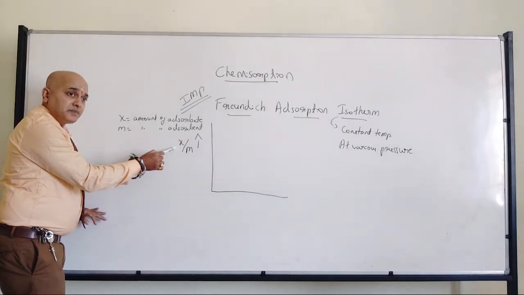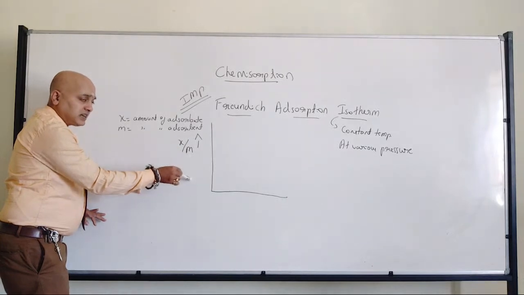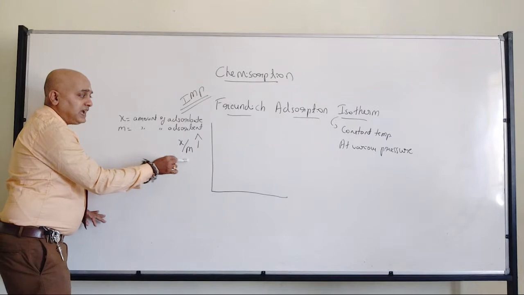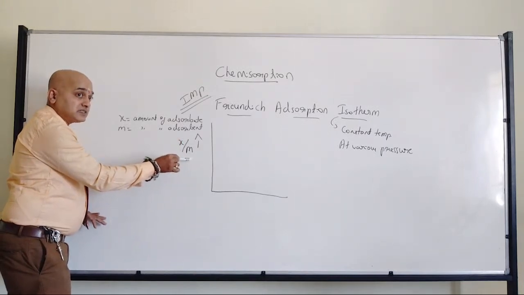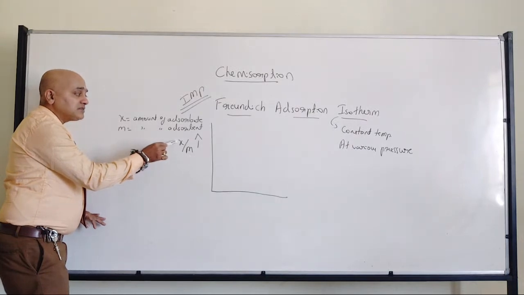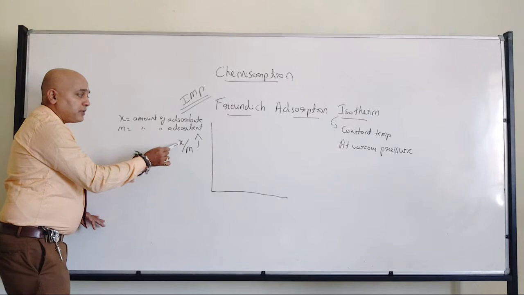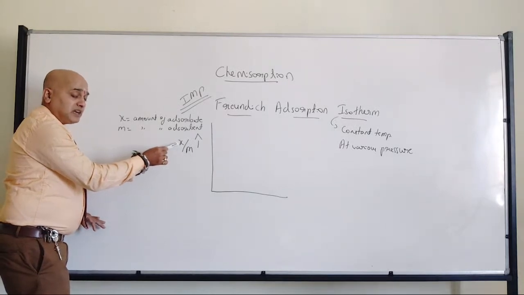Once again, as the m value decreases, x by m increases because m is in the denominator. As x increases, x by m naturally increases because x is in the numerator.